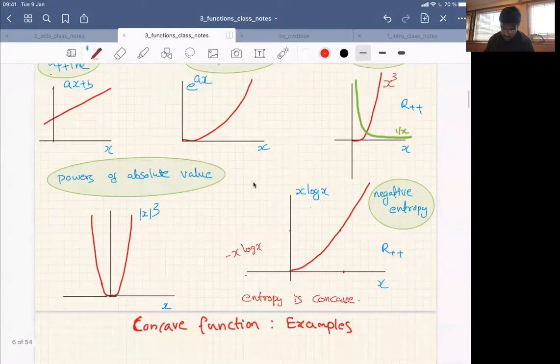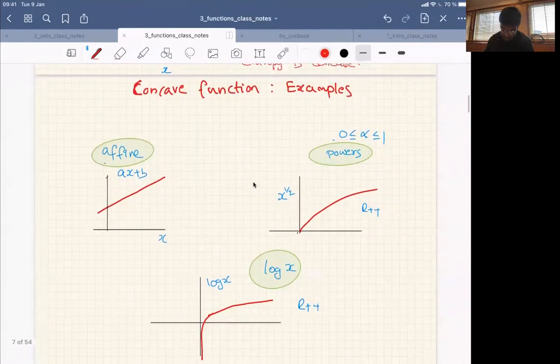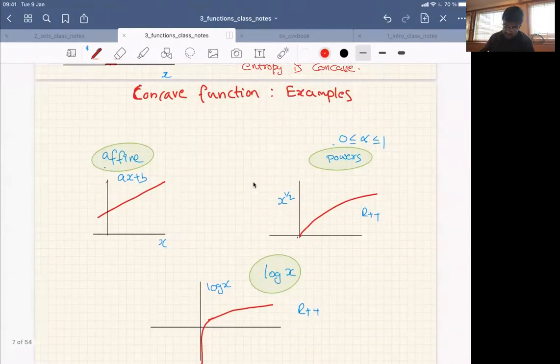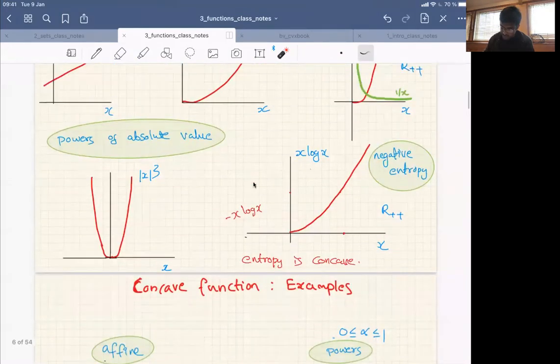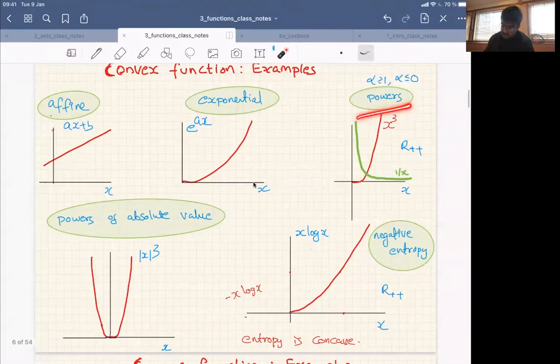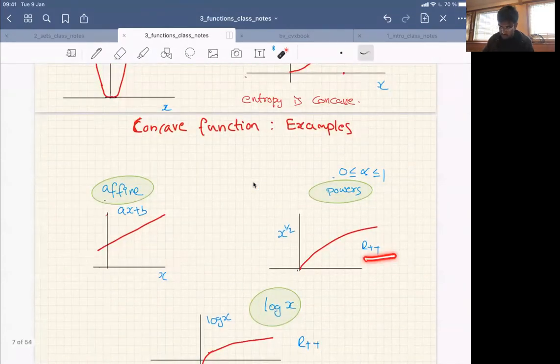Yeah, so that's it. Now we will see some of the concave functions. Of course, affine. We saw that affine functions are both concave and convex. And now again the power, the same one here, but with a different value of alpha. So that has to be in R++ with alpha between 0 and 1.